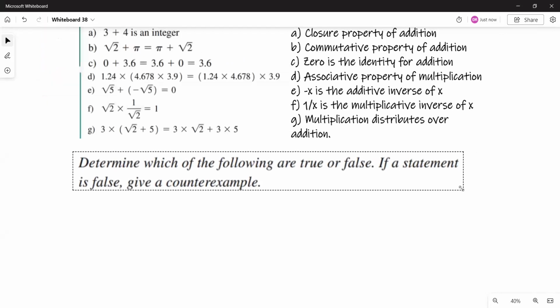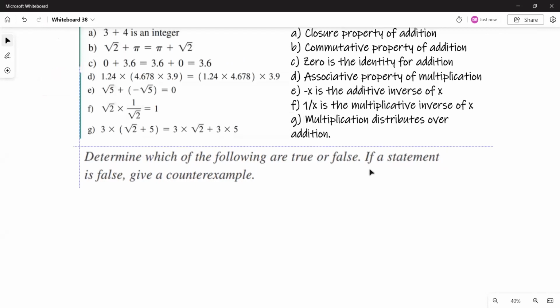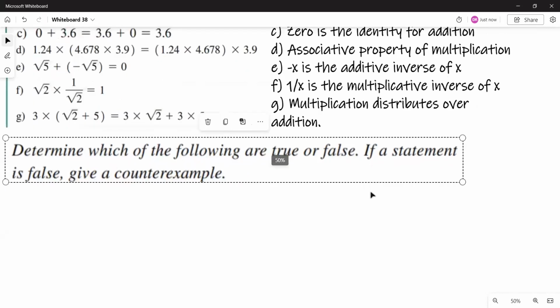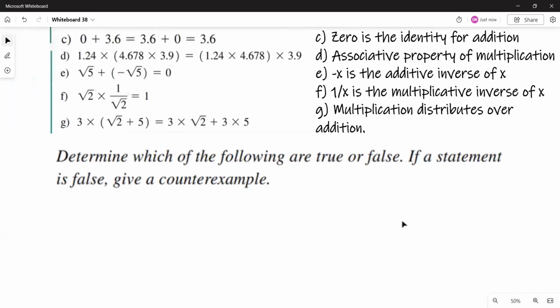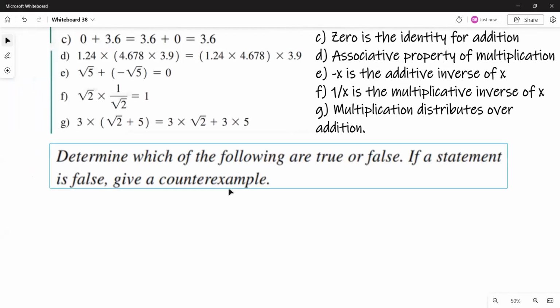Okay, so we have a few statements. We will determine which of the following are true or false. And if a statement is false, we're going to give a counterexample. Let's start with number 37. Number 37 says that the product of two irrational numbers is irrational.